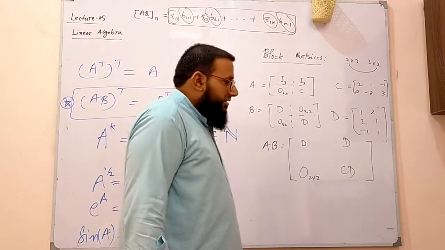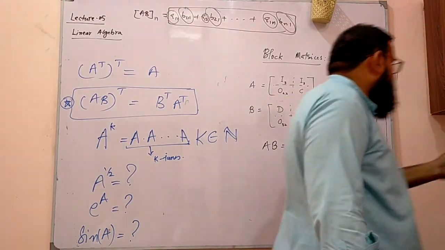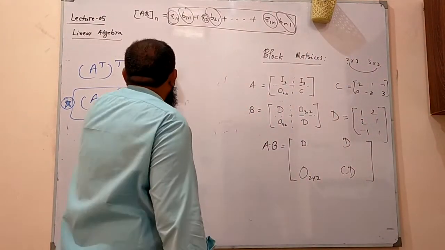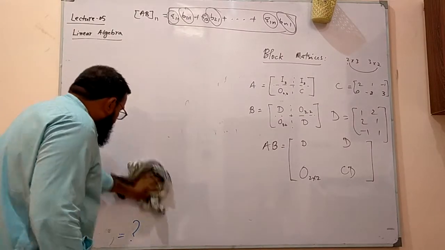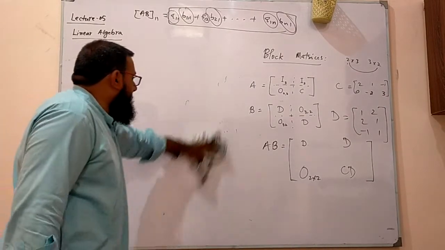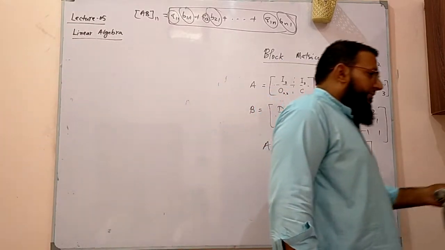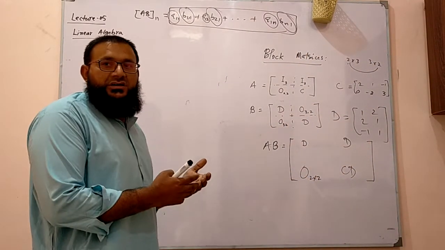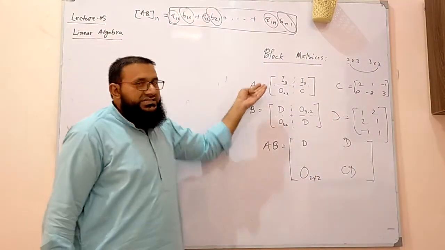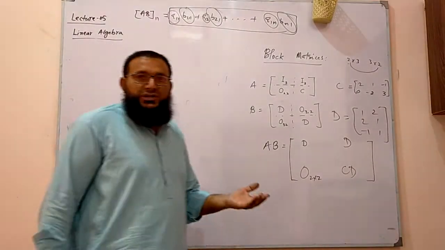So this is how you do it. But only you should satisfy the order. If the orders are okay, then you are okay, otherwise not. So sometimes these block matrices are very helpful, and it is only possible when you make blocks in your matrix, but those blocks should be some sort of ordinary matrices like identity and null, then your multiplication becomes easy. Otherwise, there is no use of these things.